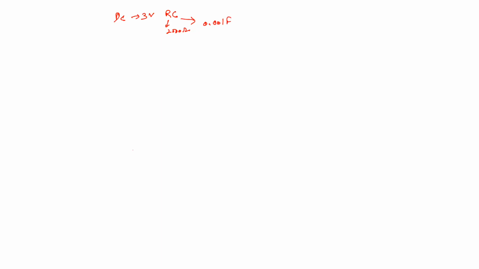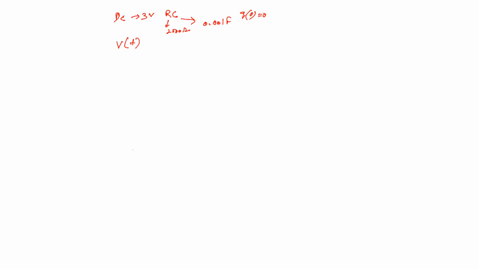Initially the capacitor is uncharged, that is Q naught equals 0. We have to find the voltage across the capacitor as a function of t.